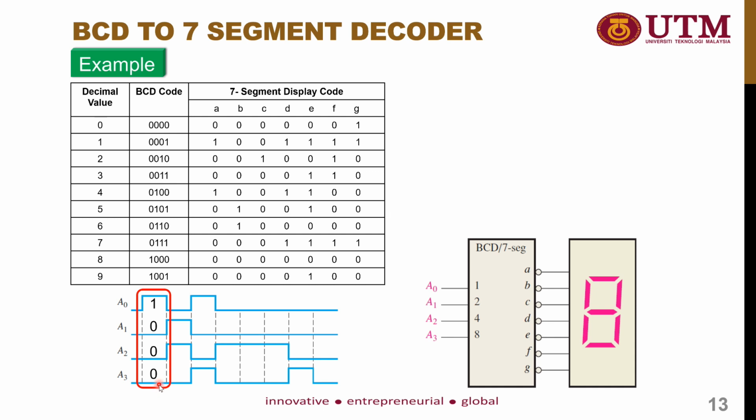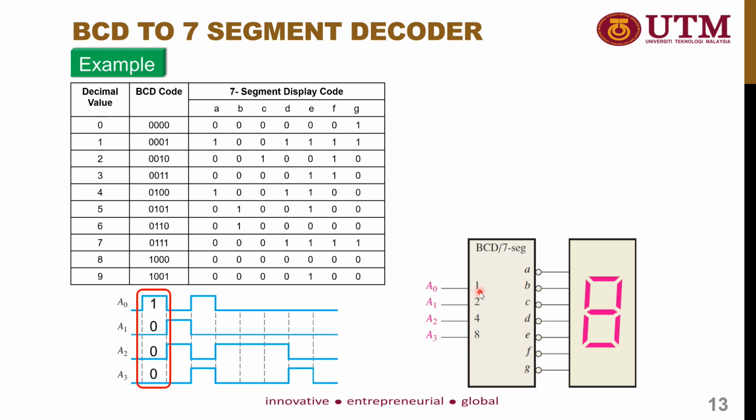But which one is the MSB and which one is the LSB, so that we can compare the BCD code to get the output? In a BCD number, each bit has a different weight. For example, A3 has a weight of 8, A2 has a weight of 4, A1 has a weight of 2, and A0 has a weight of 1.